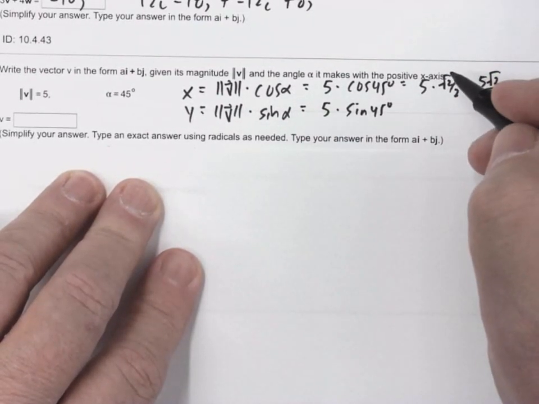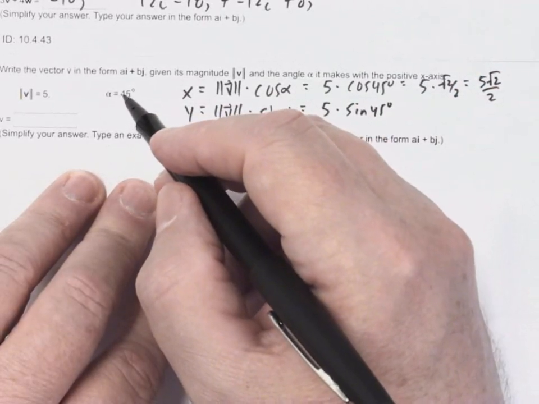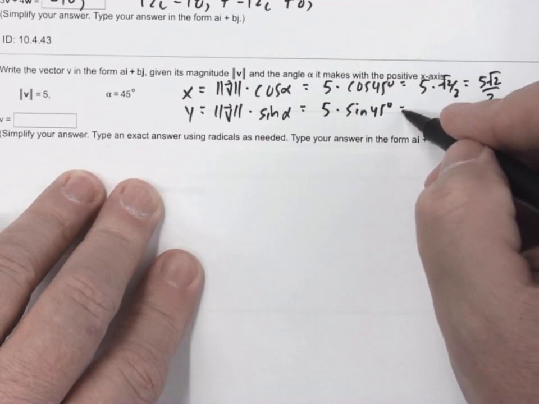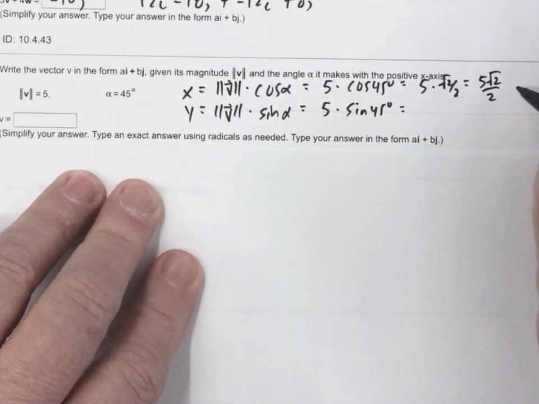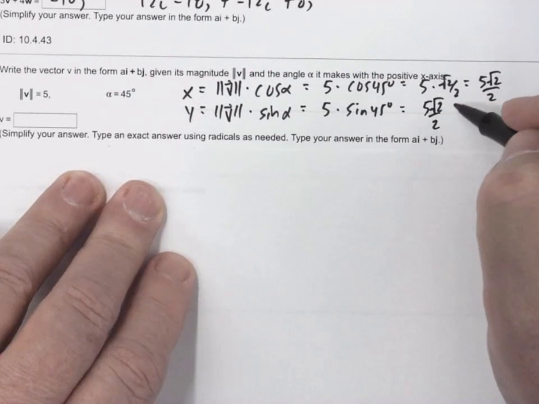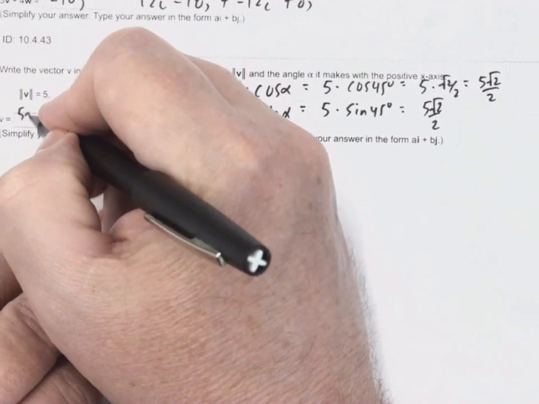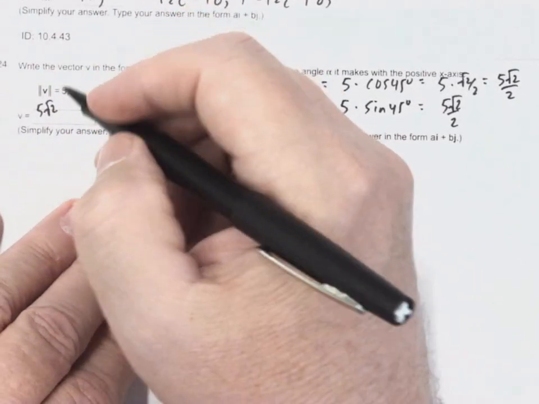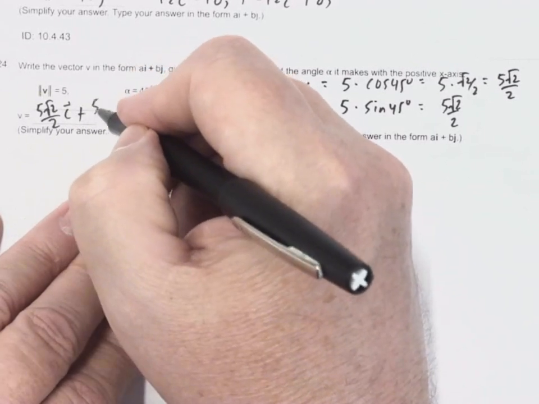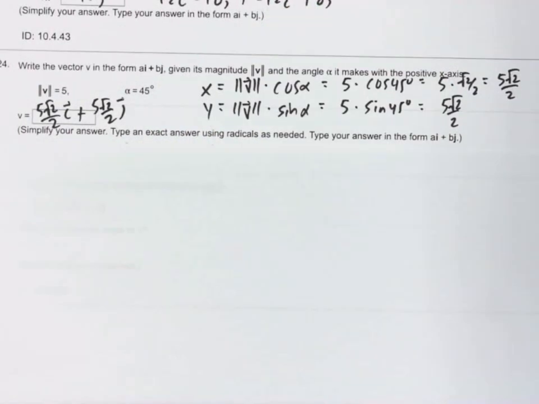Oh, yep. Be careful, these are both in quadrant 1. It's actually going to be the same thing, 5 square root of 2 over 2. So 5 square root of 2 over 2 i plus 5 square root of 2 over 2 j.